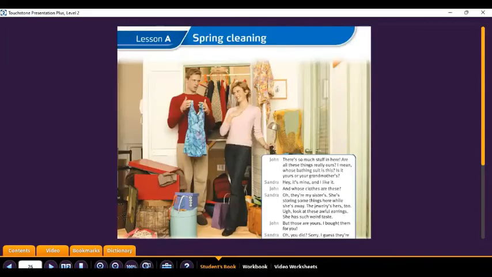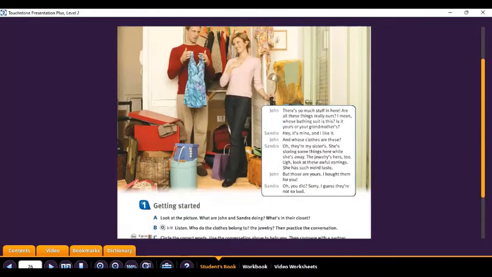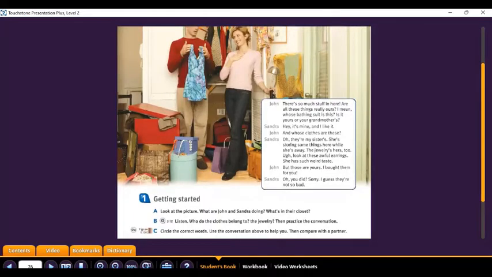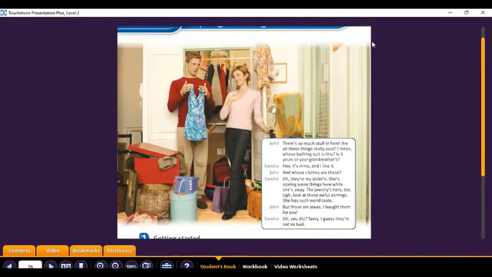Okay, girls, so let's continue. We're going to start with this conversation. I remember that some time ago, on different TV channels, we had so many programs about organized spaces. Have you ever seen one of these?